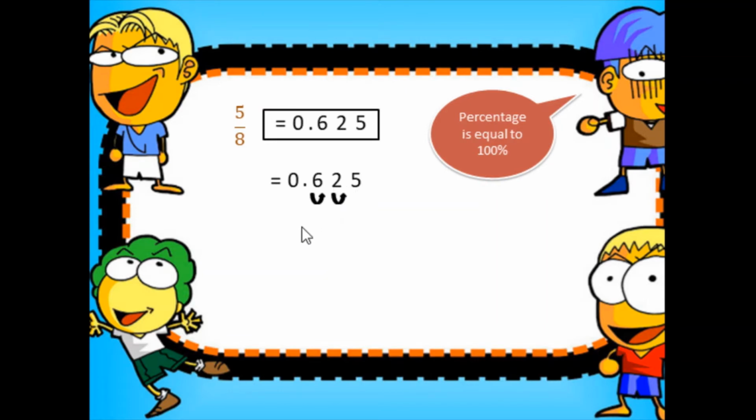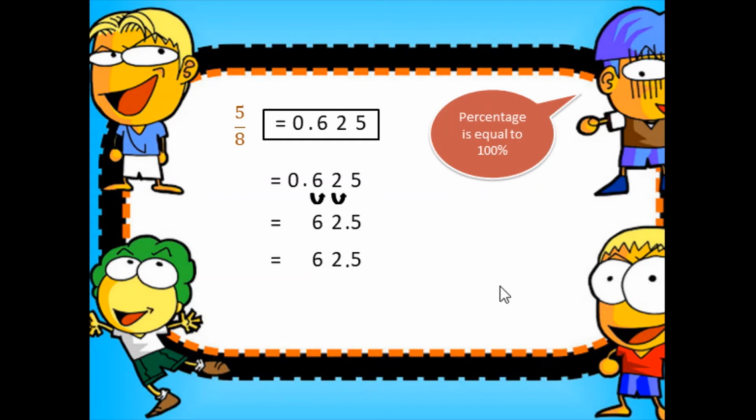So we write it as 62.5. Is it in its percentage form already? Yes or no? No! What is lacking? Okay, very good.